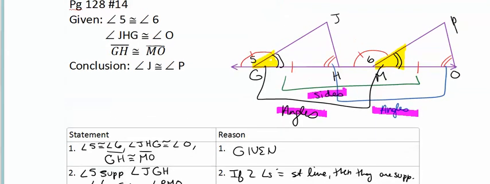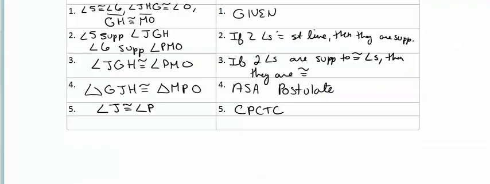Since we now know that the two triangles are congruent, we know that every single side and every single angle within that triangle will be congruent, including what we're trying to conclude, that angle J is congruent to angle P. And again, our reasoning will simply be corresponding parts of congruent triangles are congruent. And again, you can shorthand that with CPCTC.